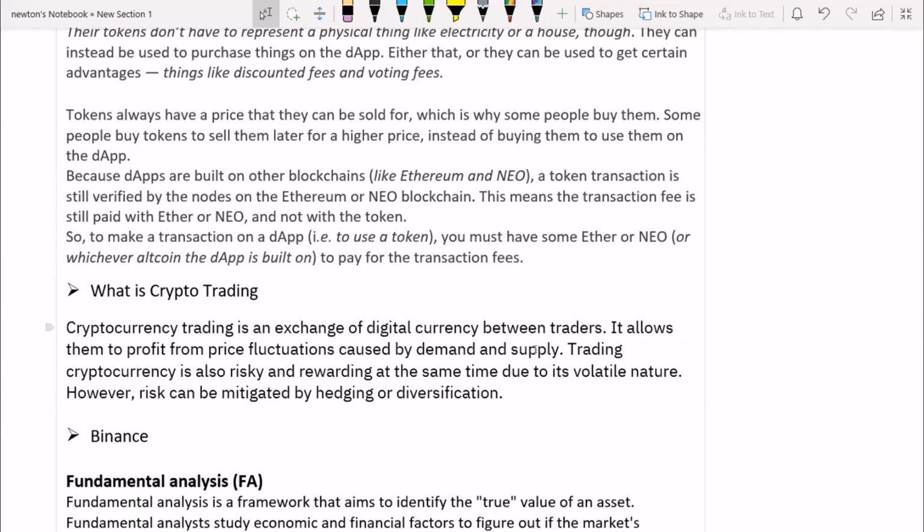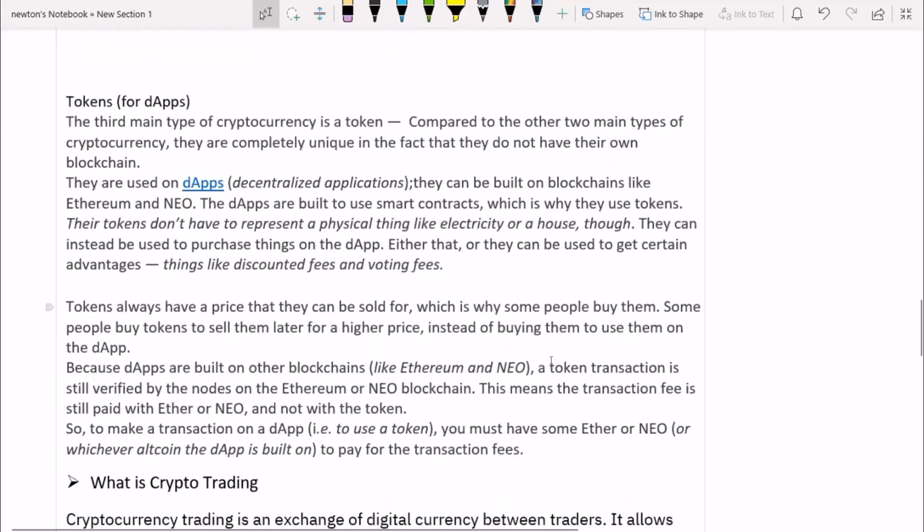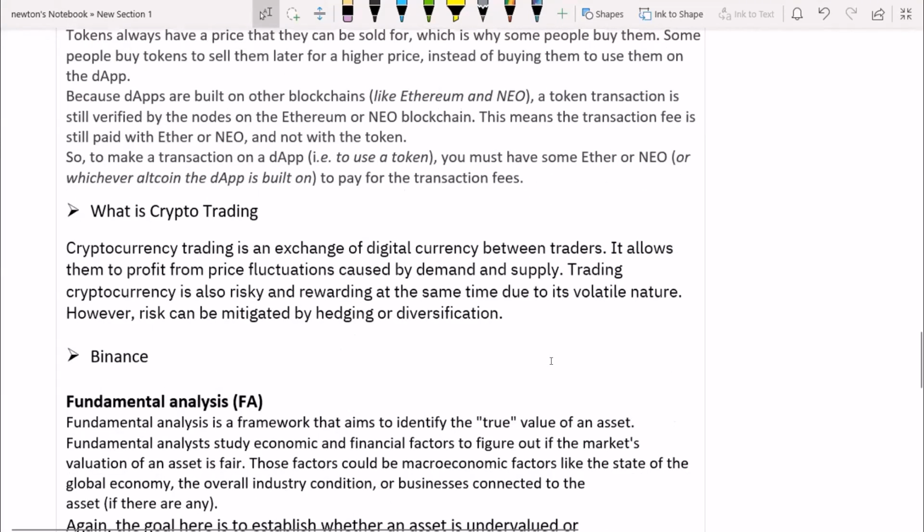Exchanges are where all cryptocurrency related activities take place, and the most prominent and popular one is Binance. A lot of us know about Binance, so I'll be taking you on the Binance interface and show you how to basically use it.